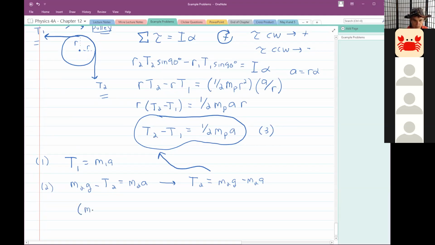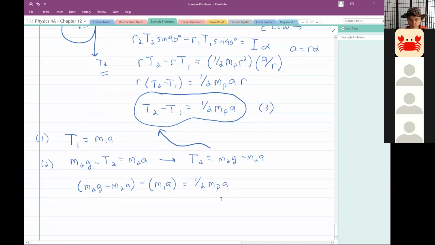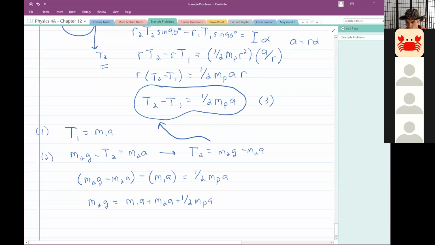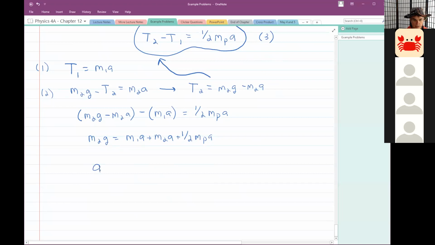So what I get is M2G minus M2A minus tension 1, which is M1A, equals 1/2 the mass of the pulley times A. If I then gather all the terms that have acceleration on one side, what I get is M2G equals M1A plus M2A plus 1/2 the mass of the pulley times A. And then solving for acceleration, what you get is acceleration equals M2G over M1 plus M2 plus 1/2 times the mass of the pulley.